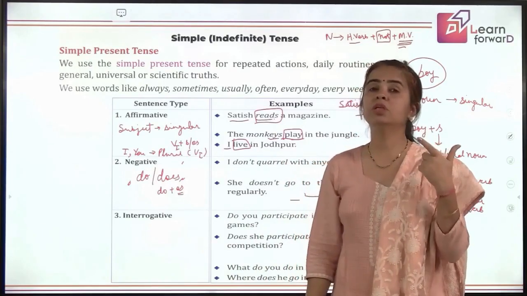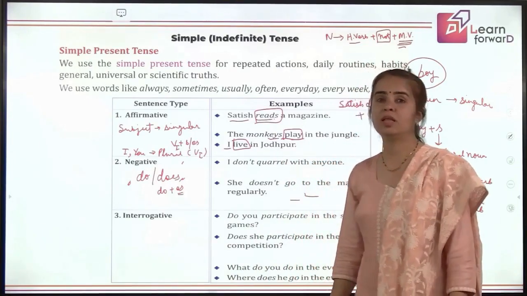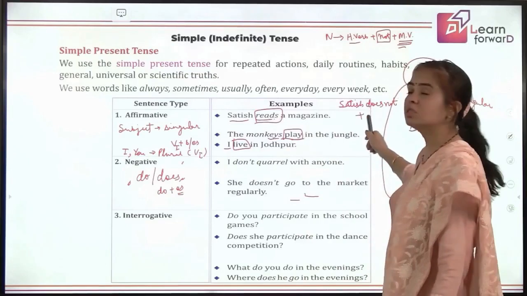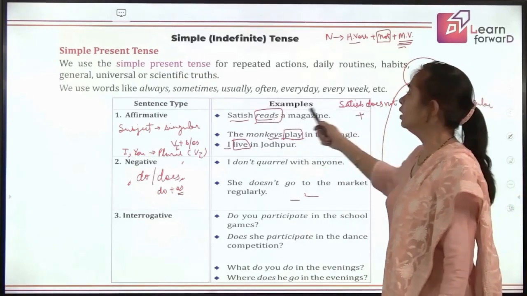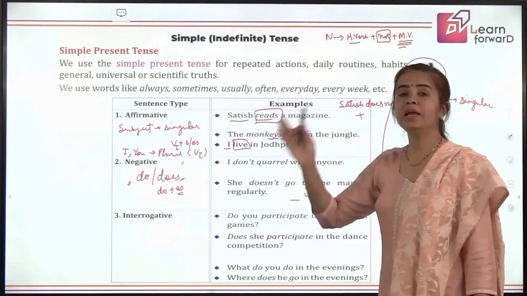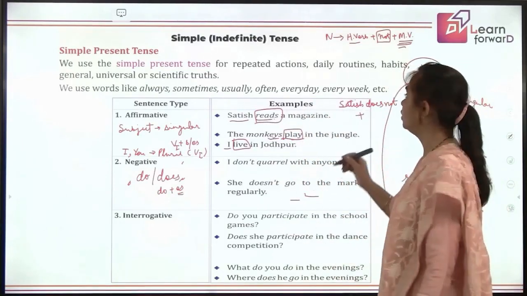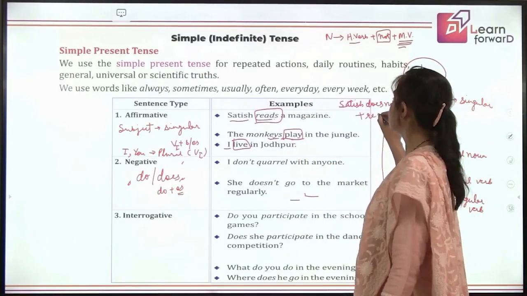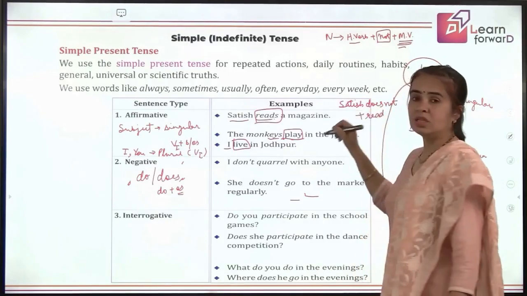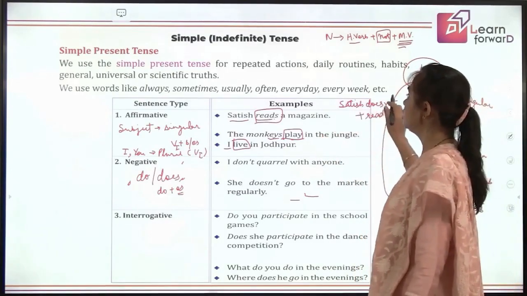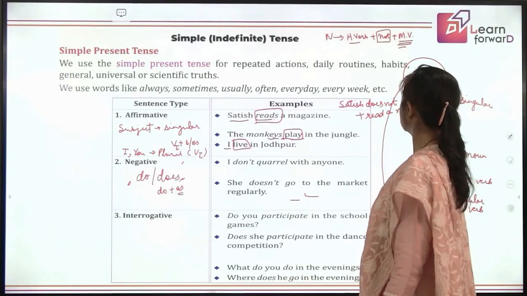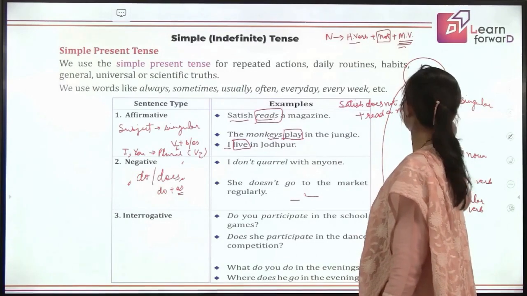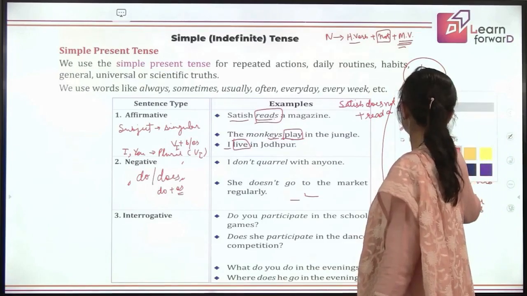That means both cannot carry S/ES with them. Now because we have used ES with the helping verb, changed it into does, so this reads will again turn back to plural form and it will be reads without S/ES. So the sentence will be Satish does not read a magazine. Got it? I hope you have understood.